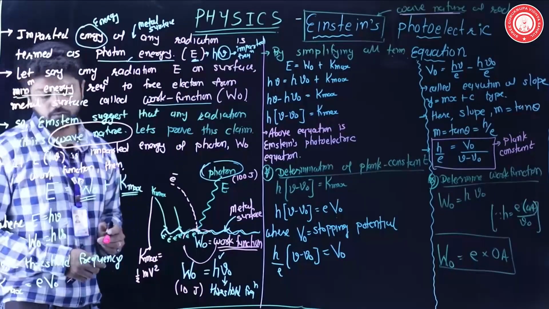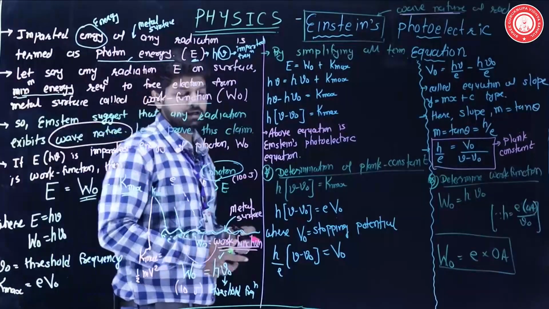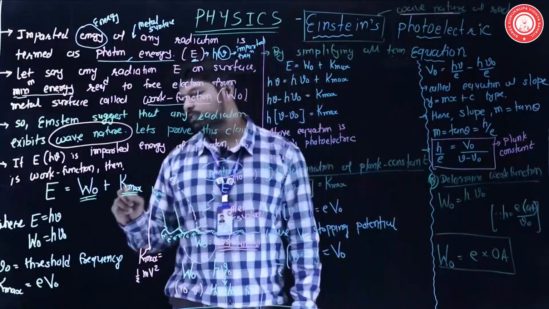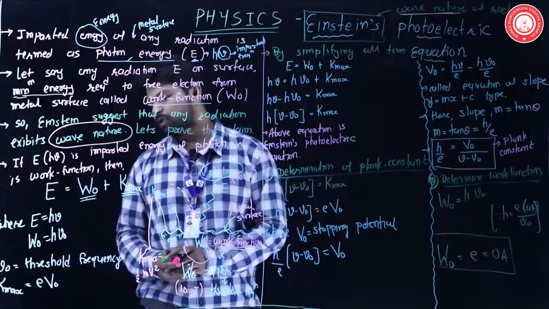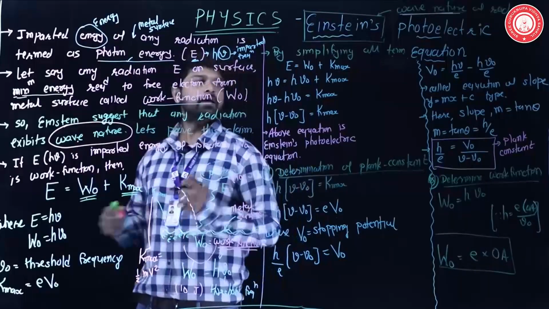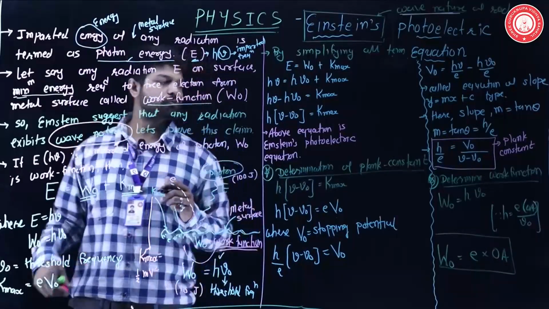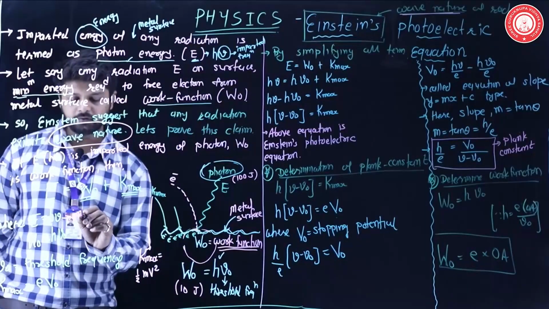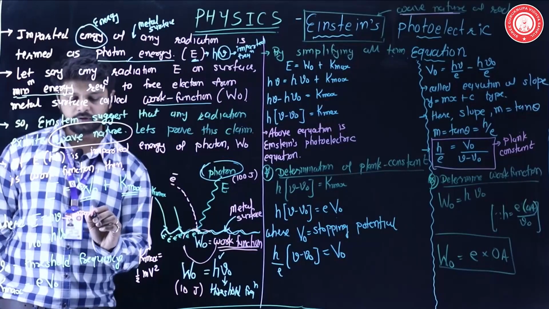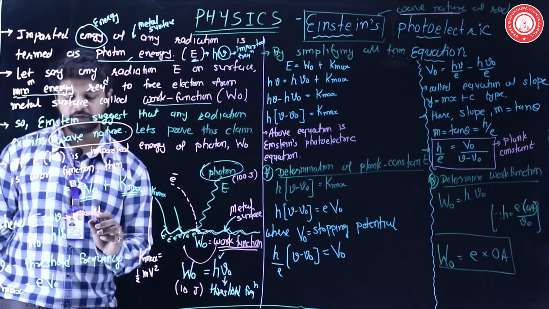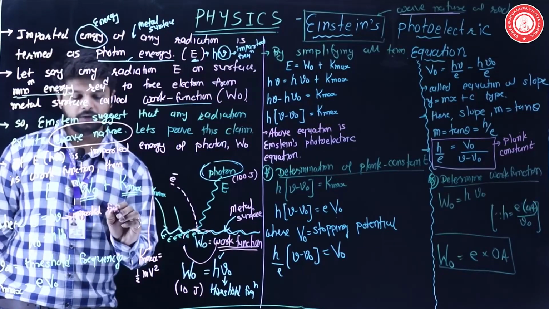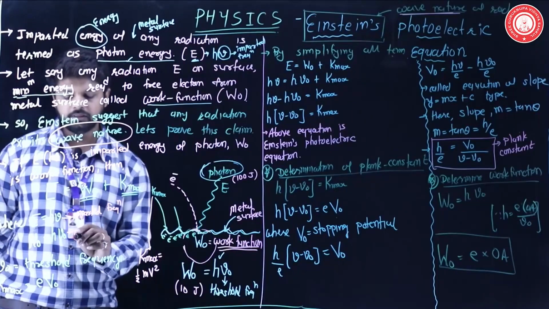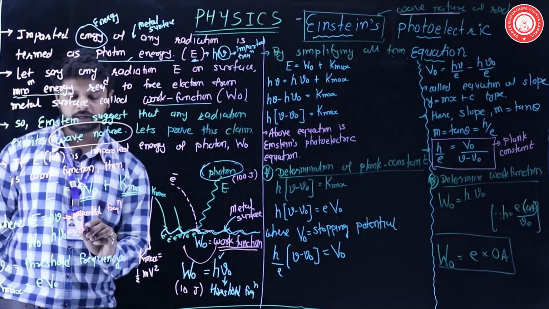Now what is E? E, as I told you, is my imparted energy, which is h into v. Here v is my imparted frequency, most important. There is confusion between v and v0, so I am giving you some notations. v is my imparted frequency, v0 is my threshold frequency.